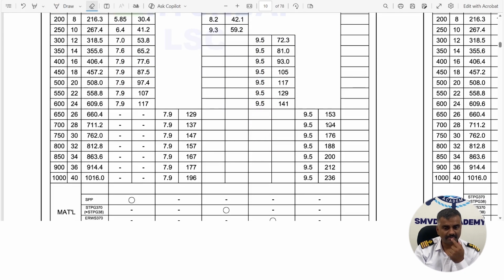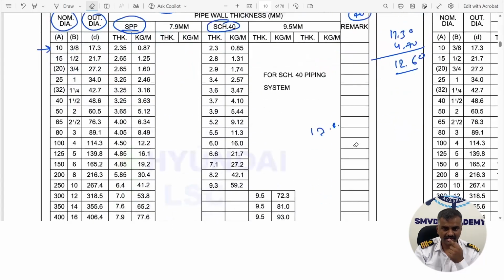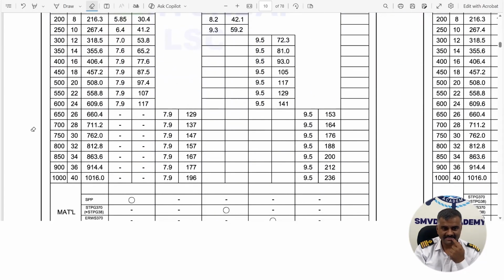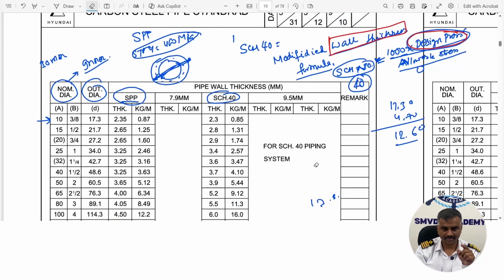Above 9.5 mm there is no increase in thickness, only the weight increases as the nominal diameter increases. The weight is increased to compensate for the bigger diameter, but the thickness is not increased further. So 9.5 mm is the maximum thickness for schedule 40 pipe.